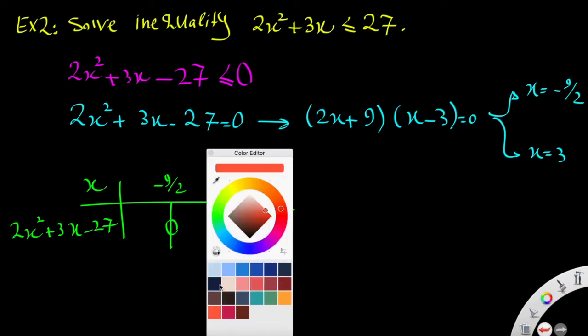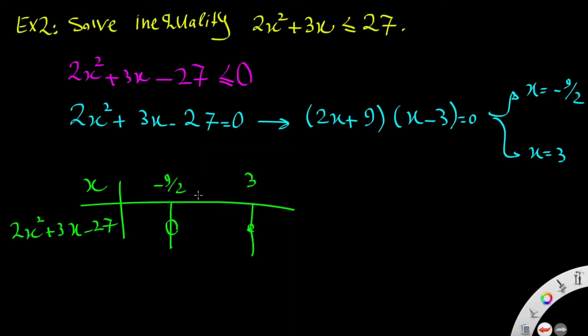Now, sign. This curve bends upwards as a, which is your leading coefficient, is positive. So it bends upwards as you see here. Now here the first root, here the second root.